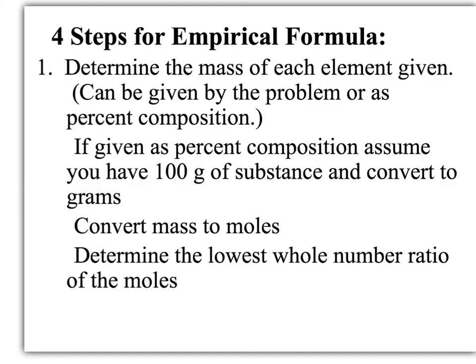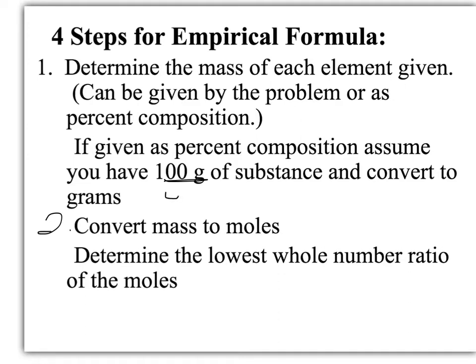Okay, so these are the main steps to determine empirical formula if we're given percent or mass. In the problem, it will give you either the mass of each element or the percent of each element. If you have the mass, then you skip to step 2, which is down here. If you're given percent, then you assume there's 100 grams of substance and convert to grams.